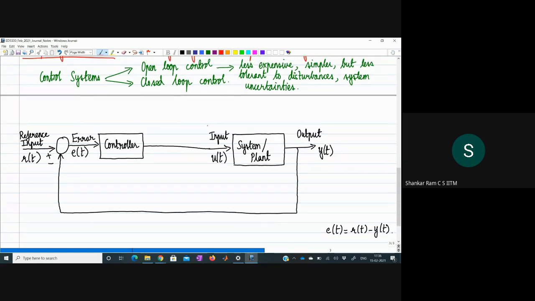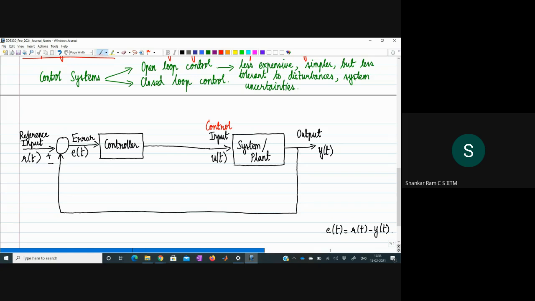Then this u of t is called the control input. Physically, it's still the same variable, the steering angle, but the adjective control is added to the term input to indicate that the magnitude of this input is now calculated by a controller using the error between the desired and the actual output.